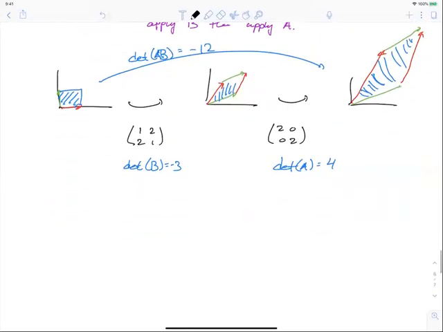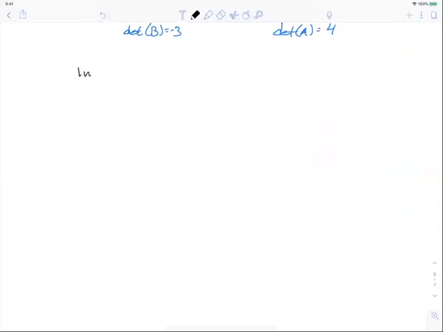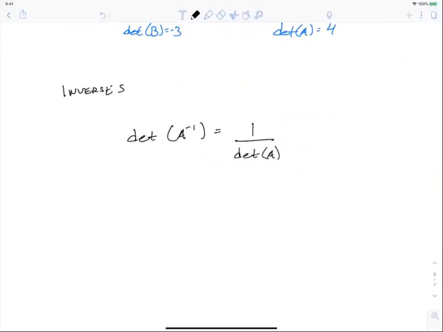And then finally, this leads us toward inverses. Let's make this big. So the punchline here is the determinant of A inverse is just equal to 1 over the determinant of A. All right, so there's two explanations for this.